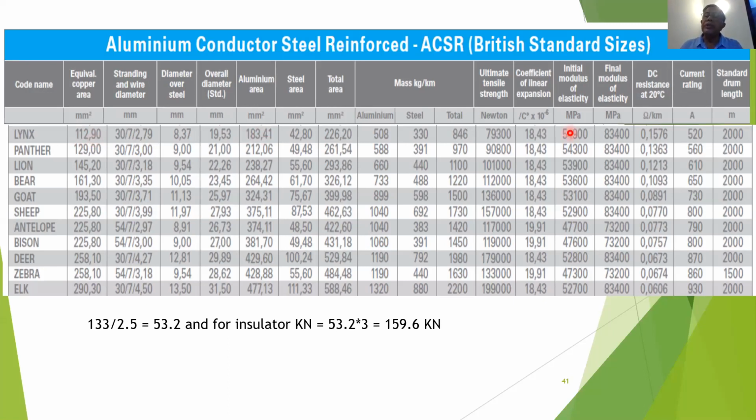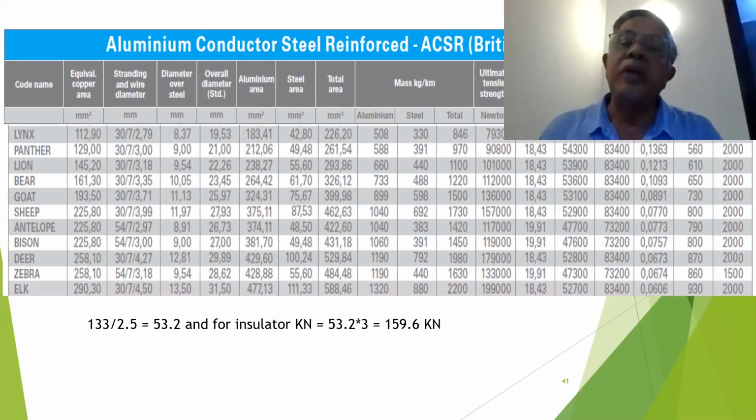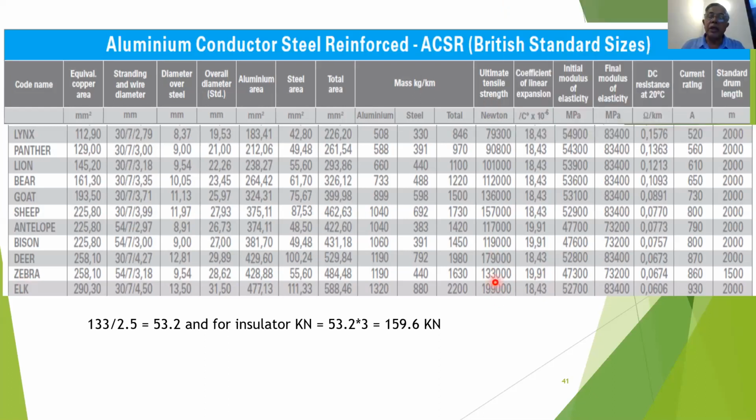So amperage is given here, and DC resistance is given here, and AC resistance is given in various other data sheets, not directly on the manufacturer's data sheet. So ultimate tensile strength, this is important. Now, Zebra, you take 133 kilonewton, right? So 133 kilonewton over 2.5, 53.2, and for insulator.